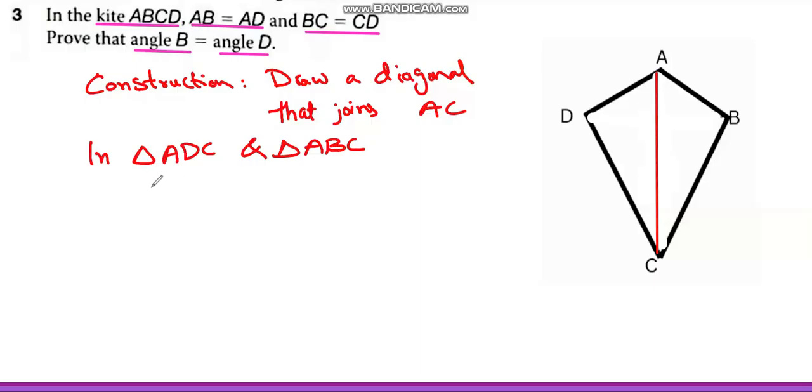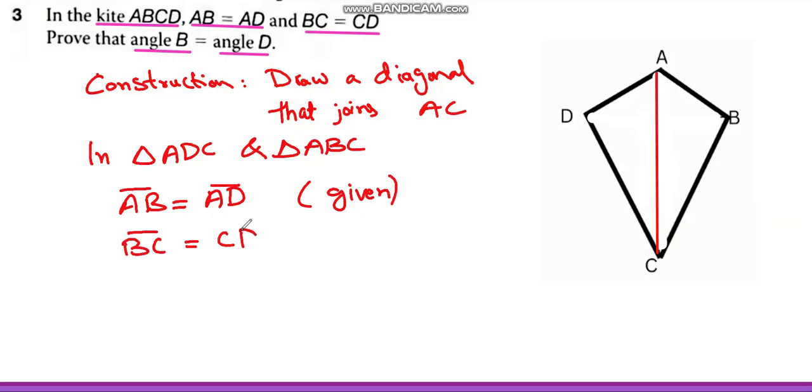So look, in these two triangles, it is given that the side length AB is equal to AD. It is already given. So in these two triangles, these two corresponding sides are equal. Similarly, it is also given that the side length BC is equal to CD. Look, this diagonal is common in both triangles ABC and ADC. So that's why we can say that AC is equal to AC. We can write that this is a common side.